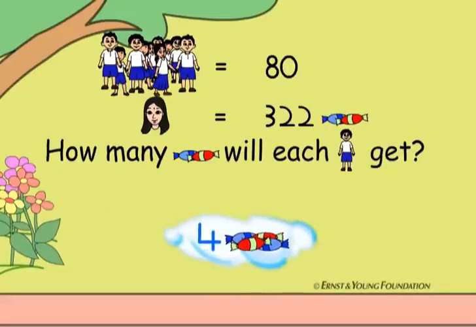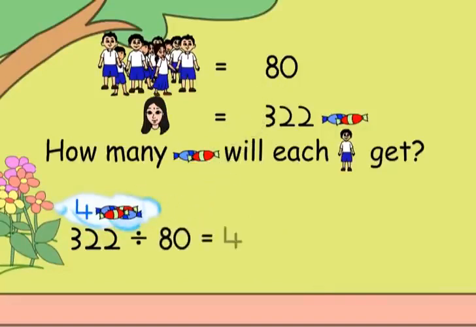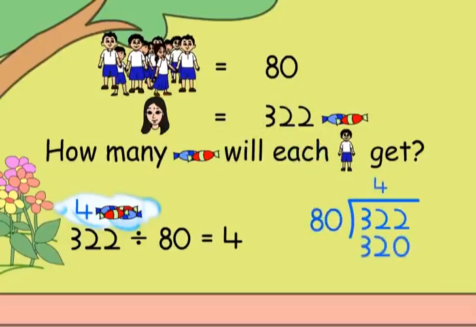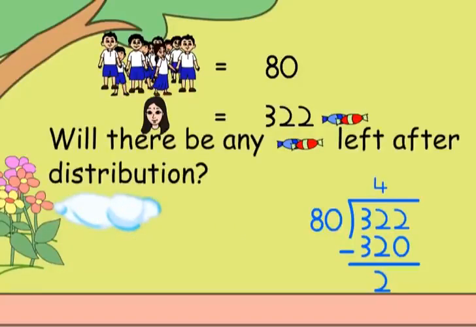Four toffees. 322 divided by 80. Will there be any toffee left after the distribution?